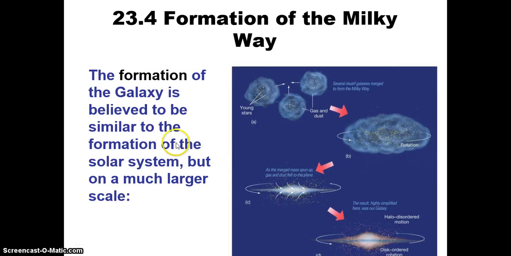All right, so this is a brief attempt at understanding the formation of our galaxy. We think it started very similar to the way stellar formation takes place. These huge clouds of primarily hydrogen and helium, almost 13 billion years ago, that came from the Big Bang itself.